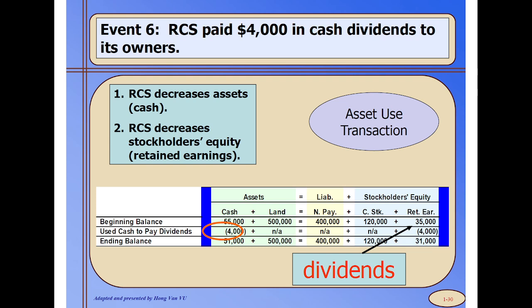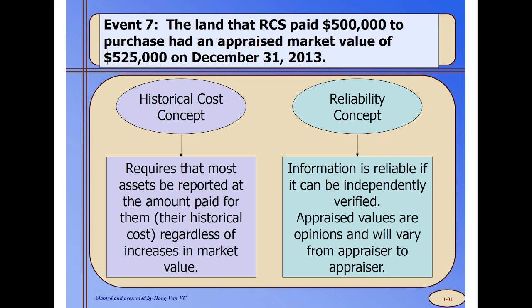Here the cash account is reduced by 4,000, and the dividend account increases by 4,000. If you look at the logic, if you pay a dividend, it means that retained earnings decrease, or the stockholders' equity decreases by 4,000. So this kind of transaction we call an asset use transaction.